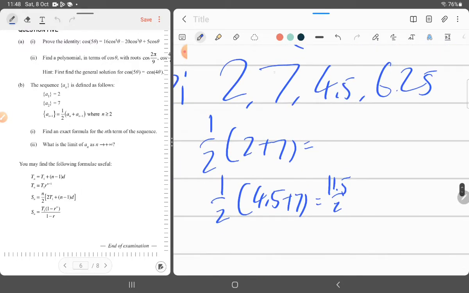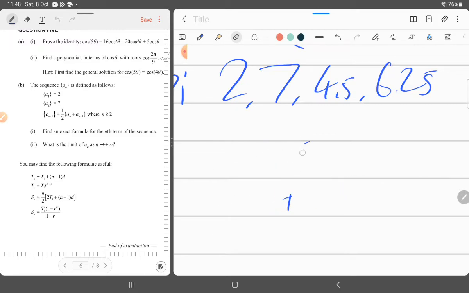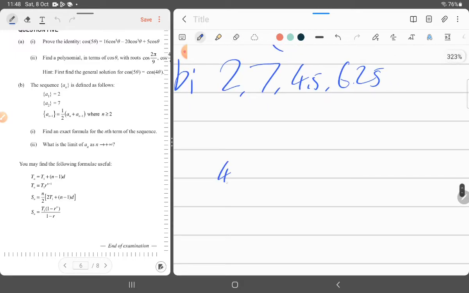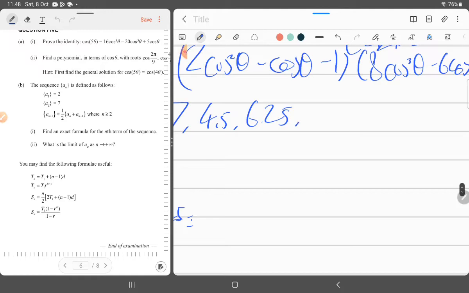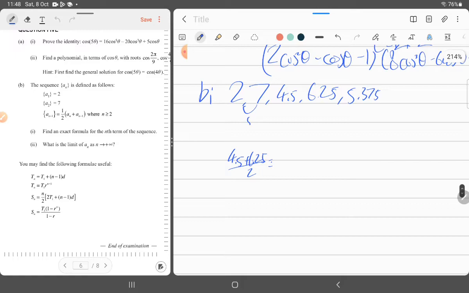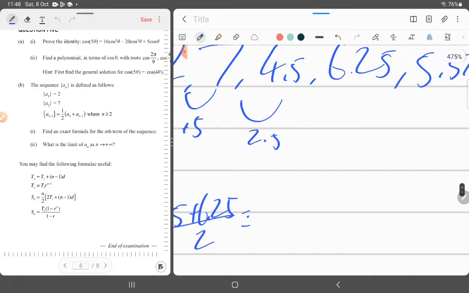And then, right, let me just rub these out. So then, like 4.5 plus 25 over 2, which is equal to 5 divided by 2. Yeah, 7.5. So this is 5 point plus 5 minus 2.5 plus 1 point.